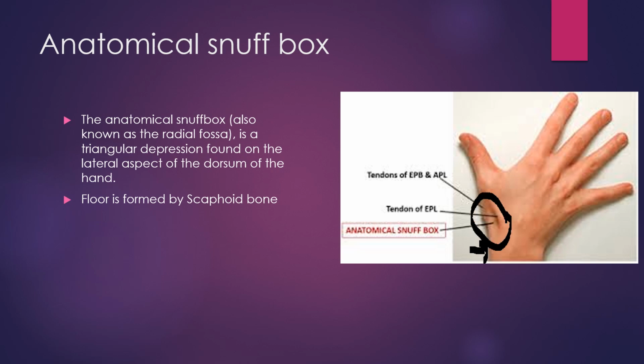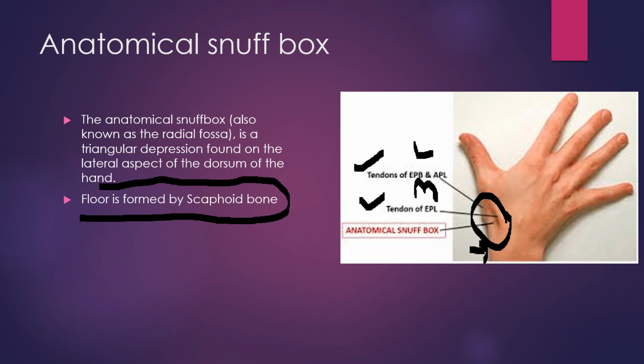It is formed by the tendons of extensor pollicis brevis and abductor pollicis longus on the lateral side, and tendon of extensor pollicis longus on the medial side. And its floor is formed by the scaphoid bone. So the importance of this anatomical snuffbox is, as the floor is formed by the scaphoid bone, when there is a scaphoid fracture and we press in the anatomical snuffbox, there will be tenderness over the scaphoid bone.